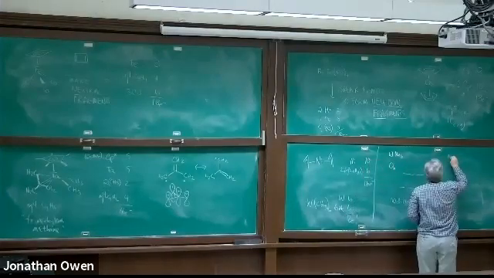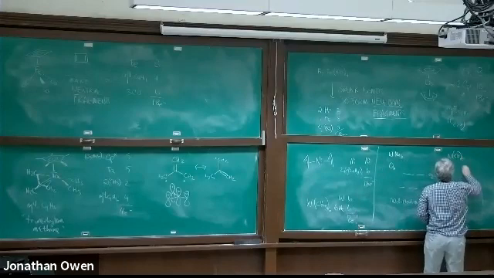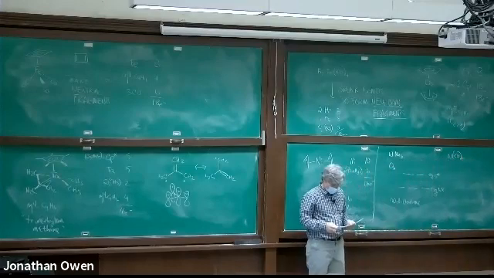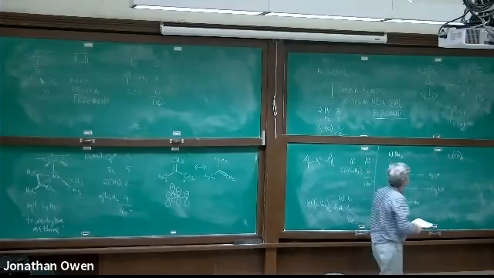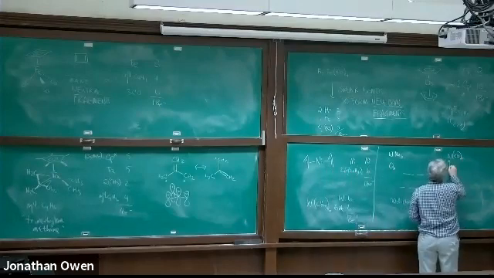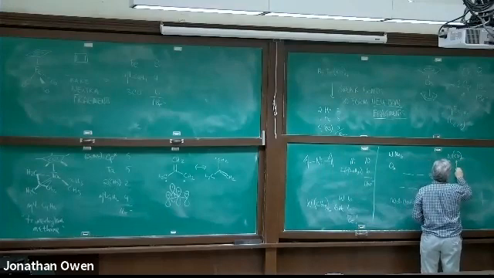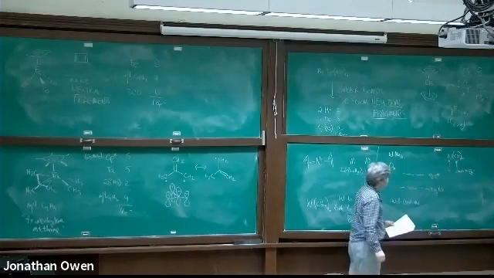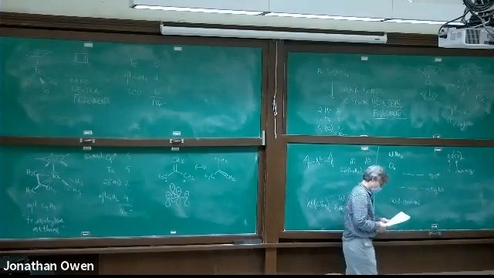How about tungsten hexacarbonyl? Tungsten is 6. These are 2 each. This is 18 electrons. How many d electrons does tungsten have?